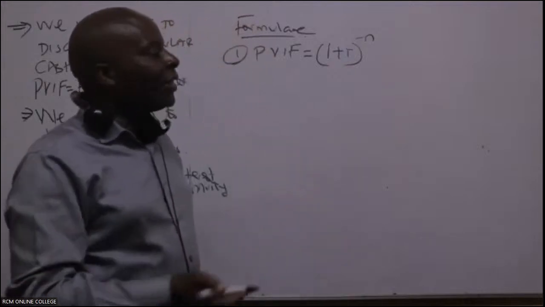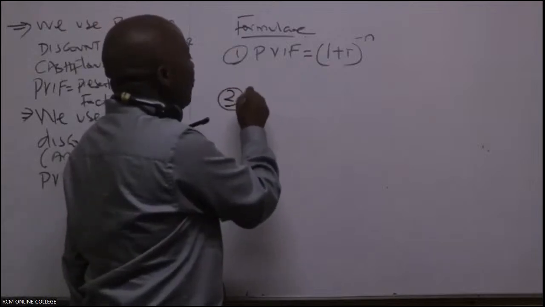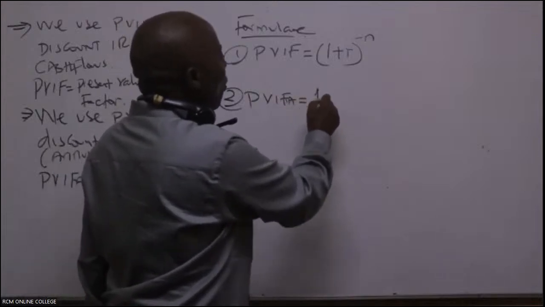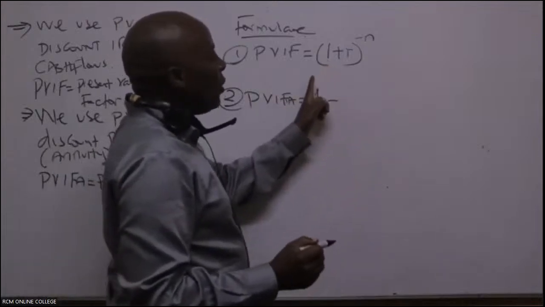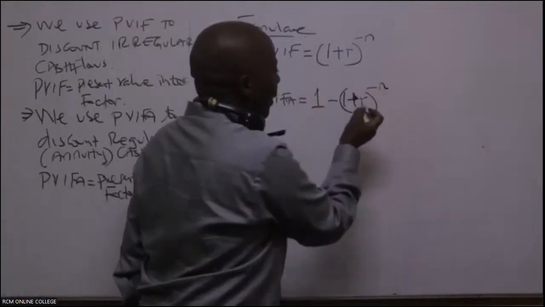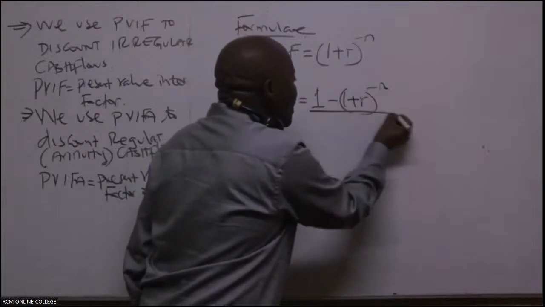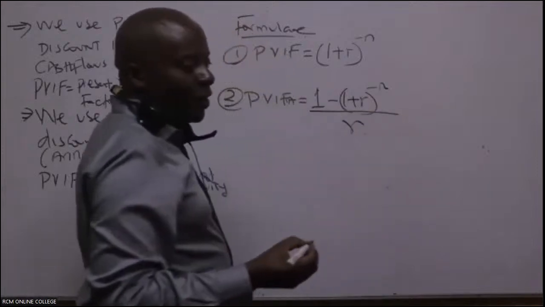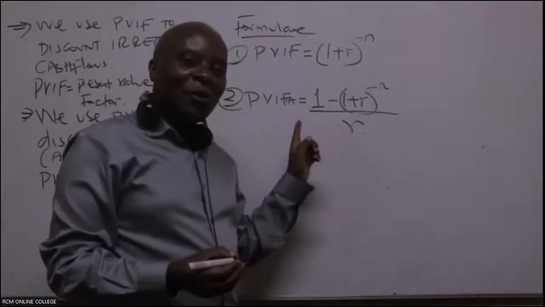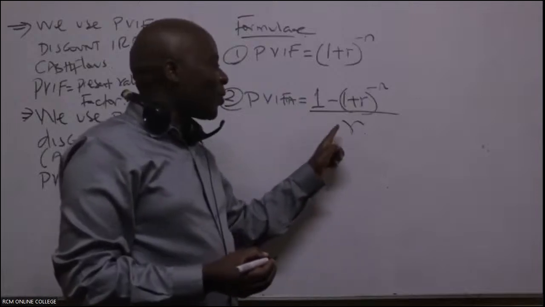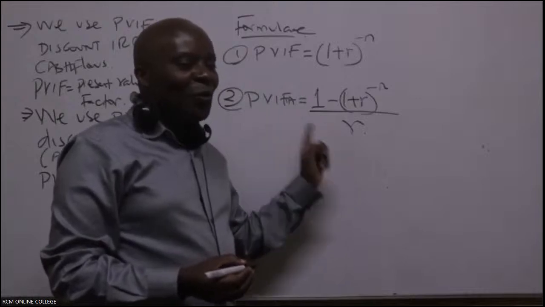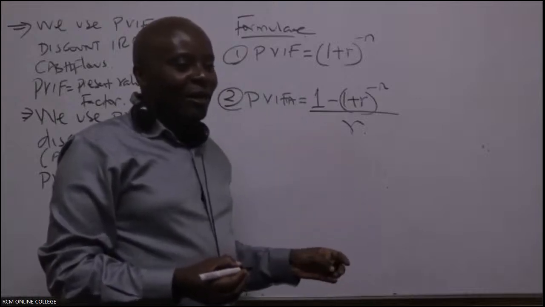That's PVIF. And then anytime they want me to give them PVIFA, we will always take 1 minus this formula, which is (1 + r) raised to negative n, and then everything divided by r. Please write your r nicely. Don't try to copy my r. This is a result of poor handwriting. So your r should be a normal r.